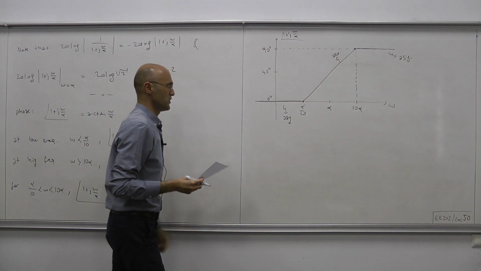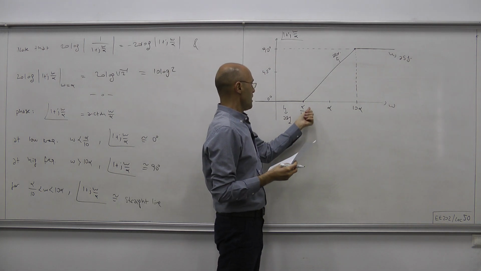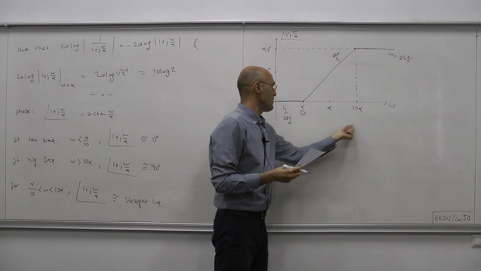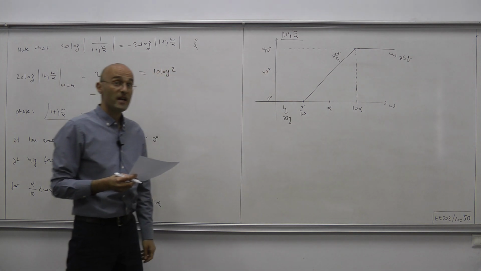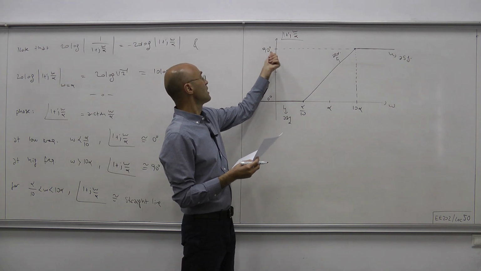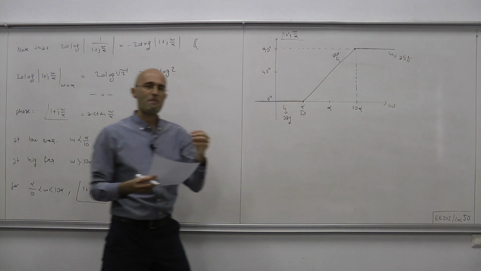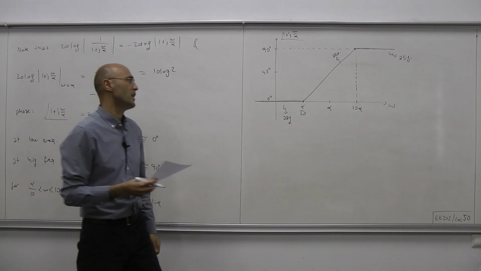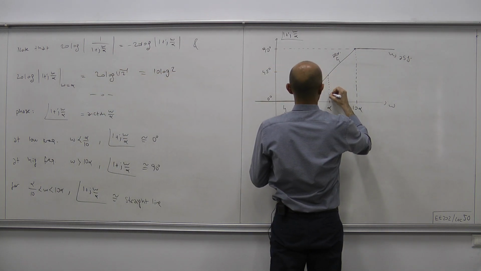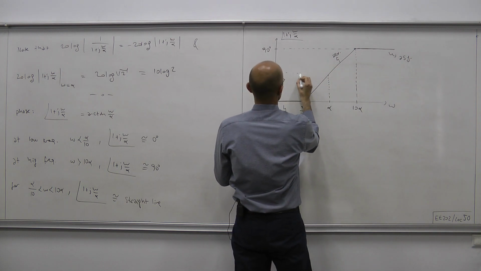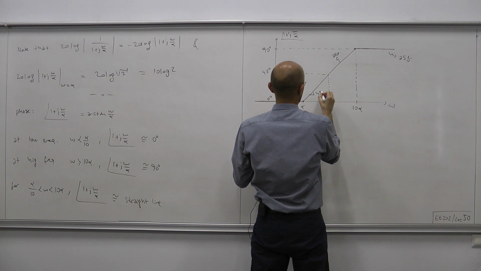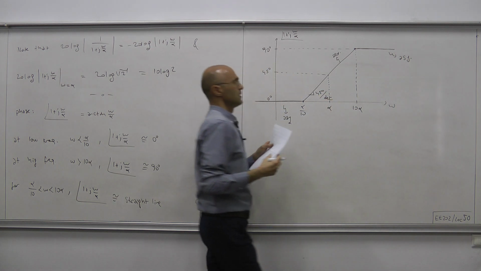Let's figure out its slope from alpha over 10 to 10 alpha. That makes 2 decades, and in 2 decades it rises from 0 degrees to 90 degrees. Therefore the slope is 45 degrees per decade.